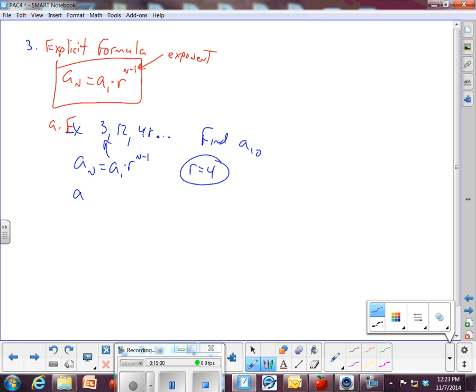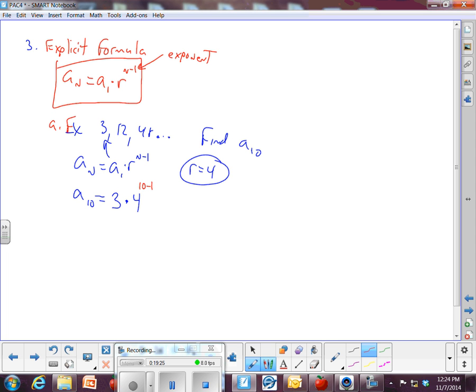What does it want? It wants a sub 10, right? What is a sub 1? It's a 3. What is r? It's a 4. And the exponent is going to be 10 minus 1. It's a big number.